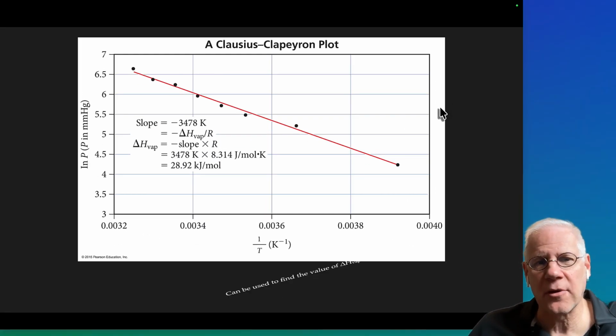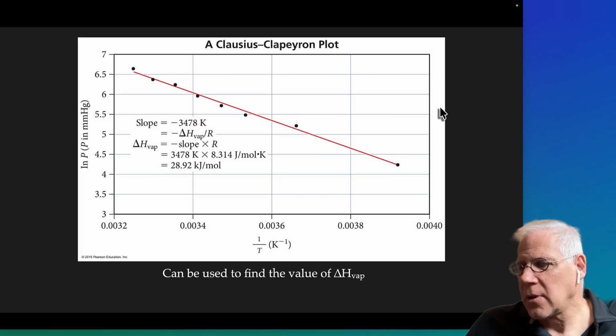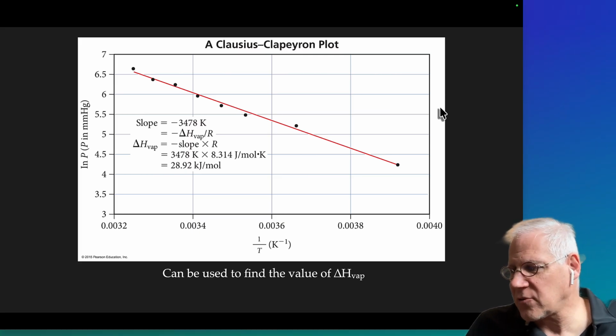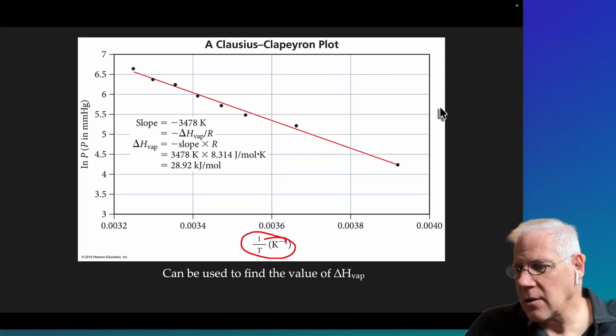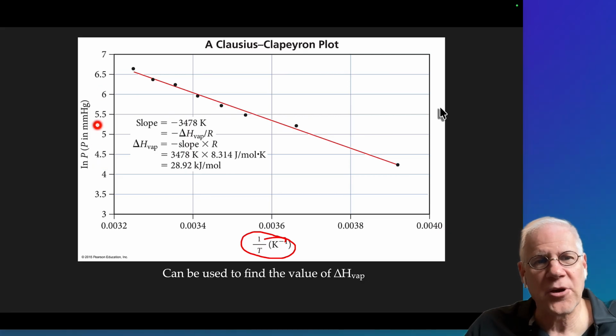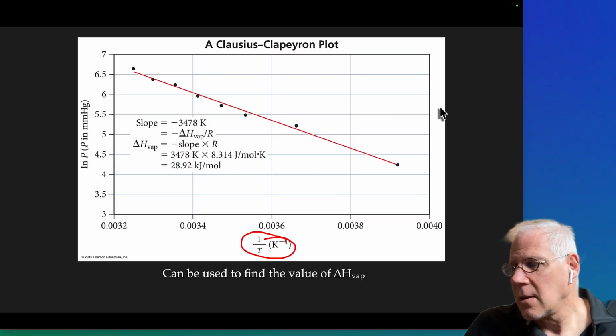So now if we go back to the graph here, we can calculate the slope by measuring at different points. We have our 1 over T here, our natural log of vapor pressure here, and you can use whatever value or units you want for your vapor pressure. It just changes some of the values that are in here.